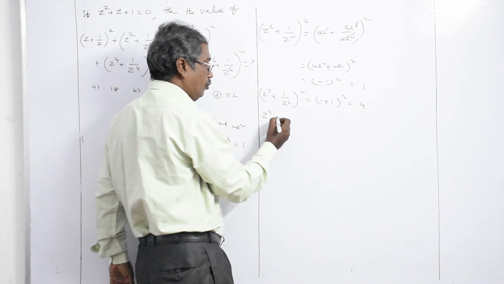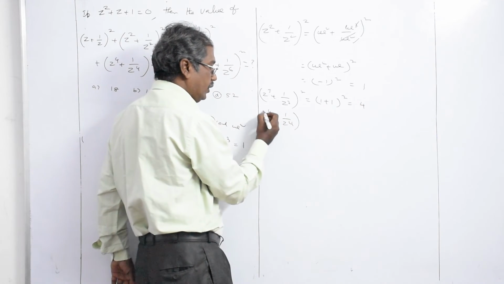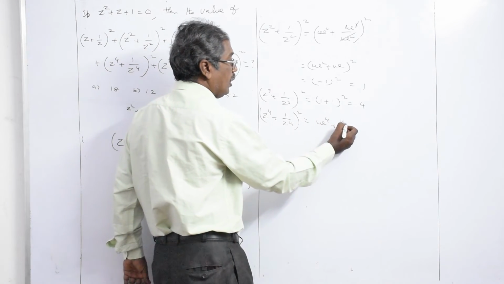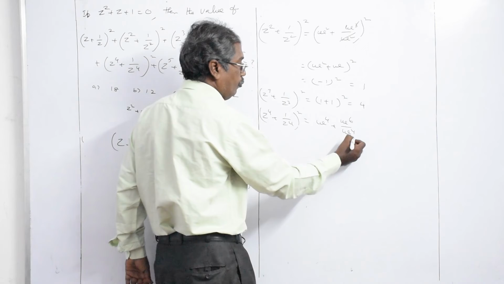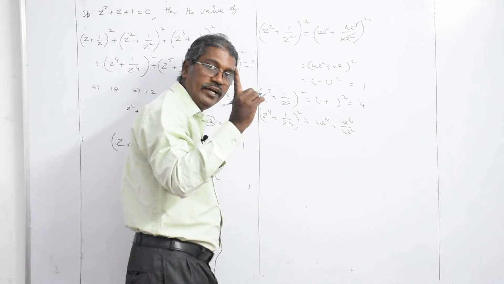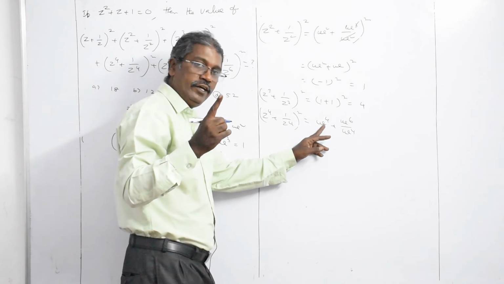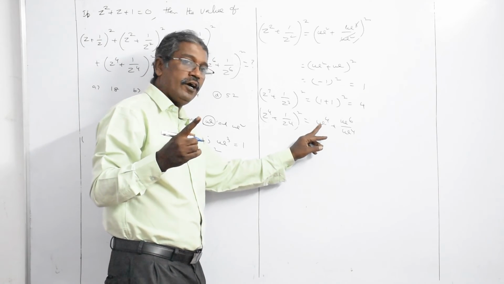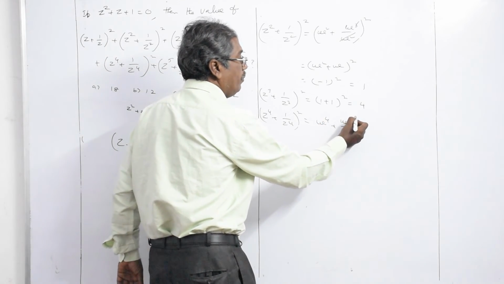Again z power 4 plus 1 by z power 4 the whole square becomes omega power 4 plus omega power 6 by omega power 4, omega power 6 being 1 because omega cube is equal to 1. Here omega cube into omega will become omega. If you cancel this, this will become omega square.